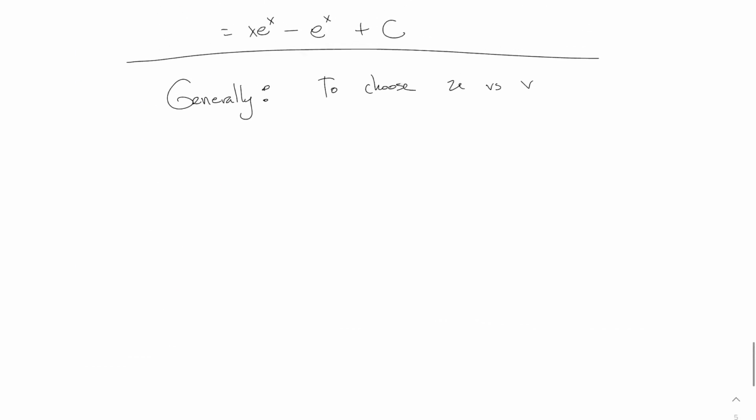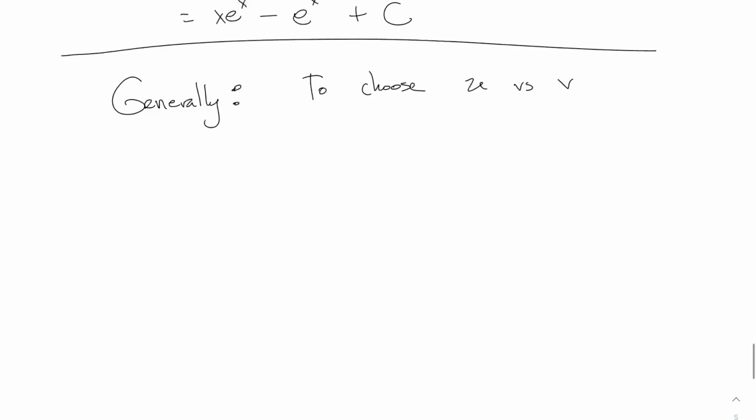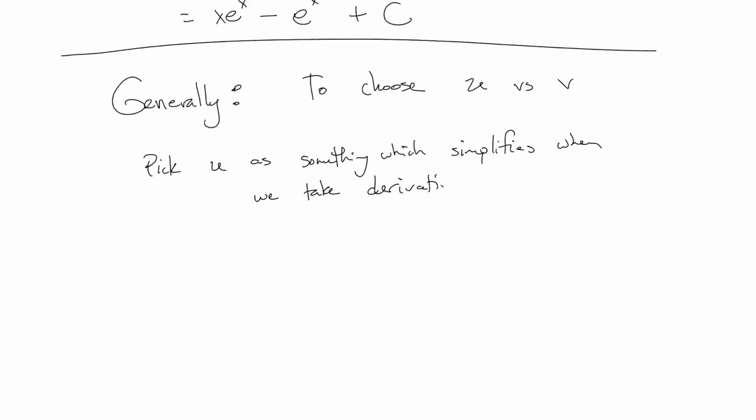So I want to pick u as something which simplifies when we take the derivative, because you start with u inside the integral, and when you use the formula, it changes into a du, all right? And I want the du to be simpler than the u. That's why I picked x, because using u equals x makes du equal just 1, so the thing goes away entirely. Pick u as something which simplifies when we take the derivative.